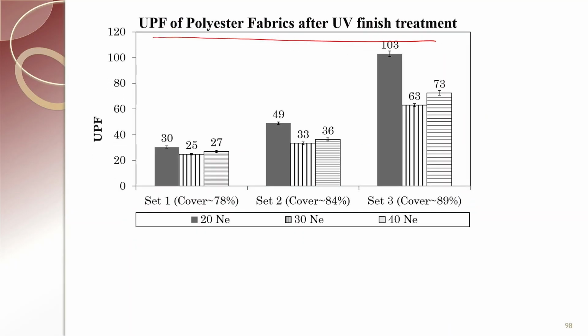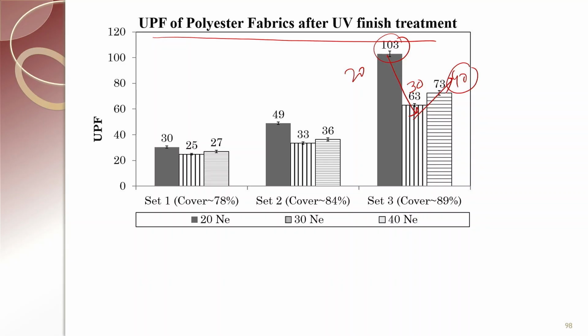And after finish we will see the trend has changed, because as the yarn becomes finer. So, this is the coarser yarn, 20 count, 30 count, and this is 40 count. As the yarn becomes finer, initially the UPF drops, then after that the UPF increases.